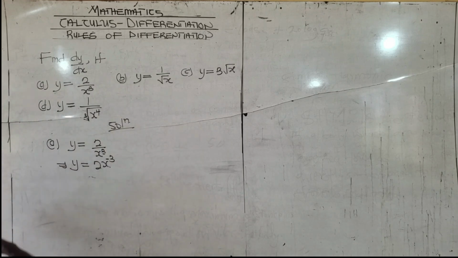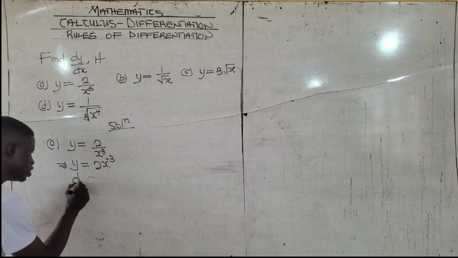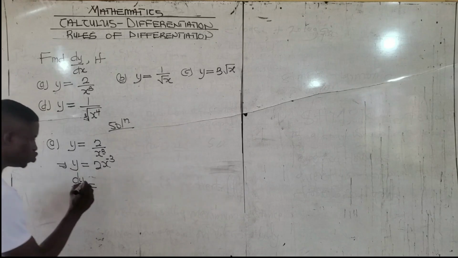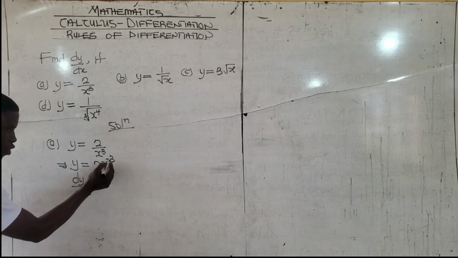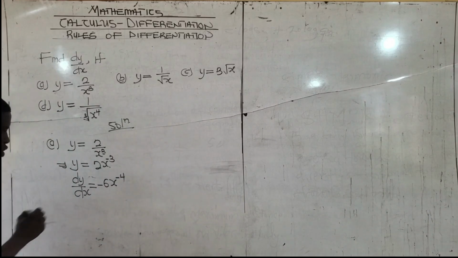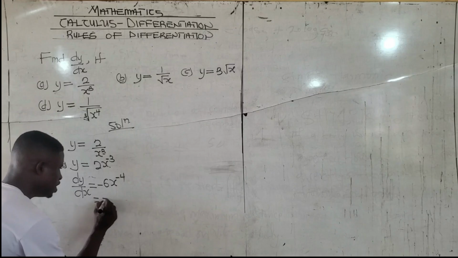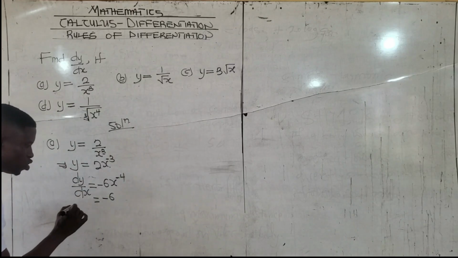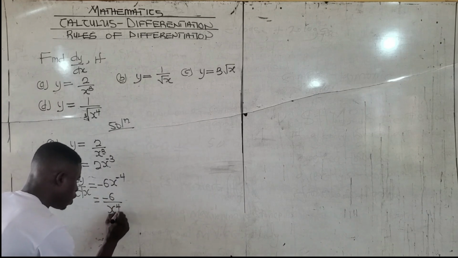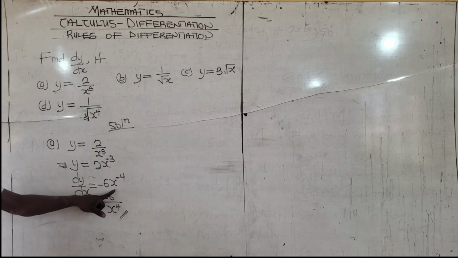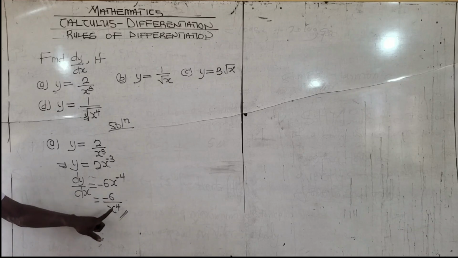We can now differentiate this expression. So in this case, we are going to have our dy over dx equals negative 3 will multiply 2, we will get negative 6. Then we subtract 1 from the negative 3, we will get x to the power negative 4, which is the same as negative 6. Then since it is negative 4, it comes down as a denominator. So we are going to have x to the power 4. I hope you get it.